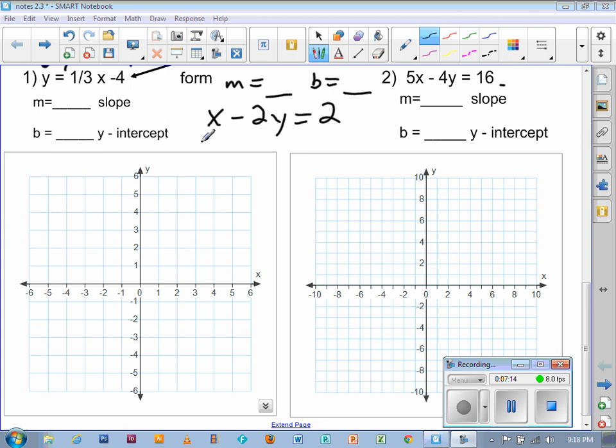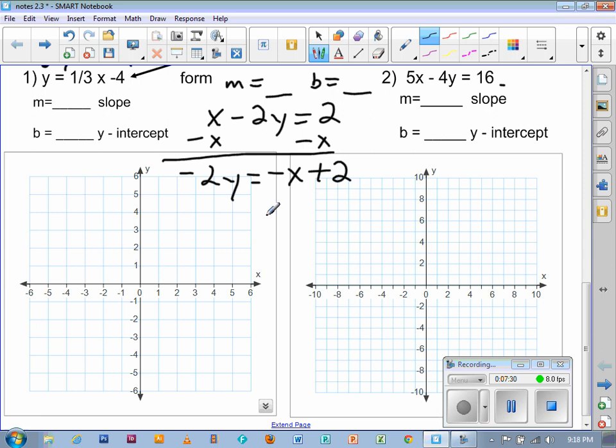So what we're going to do first is subtract x from both sides, and that will give us a negative 2y equals negative x plus 2. Then we're going to divide by a negative 2, and that's going to give us y equals 1/2 x plus a negative 1.